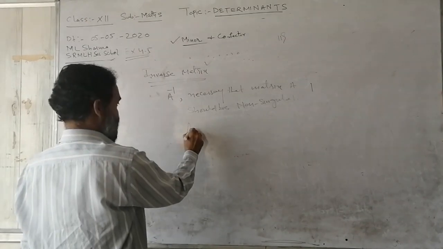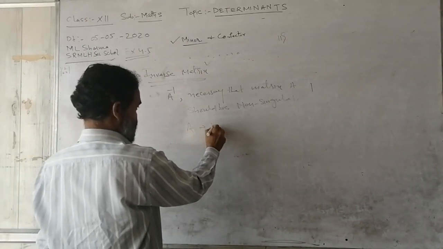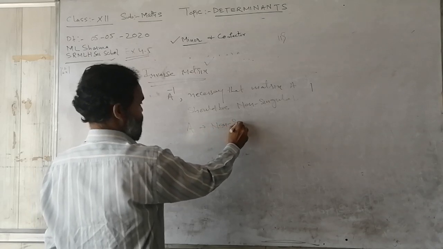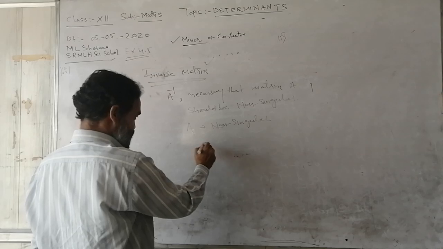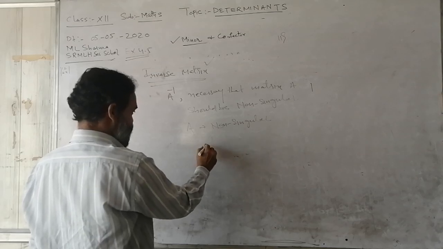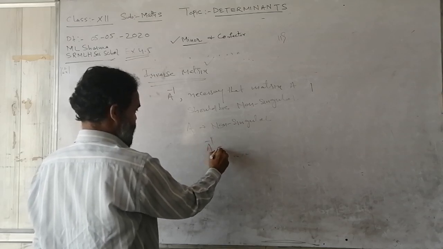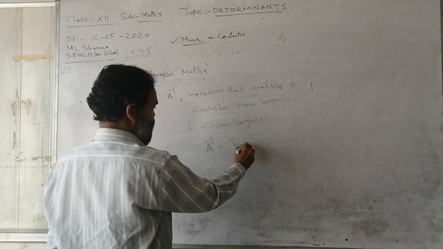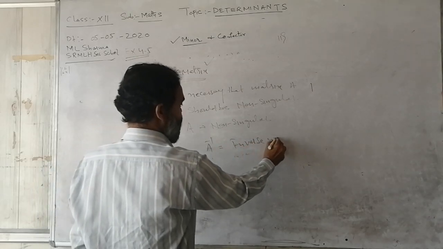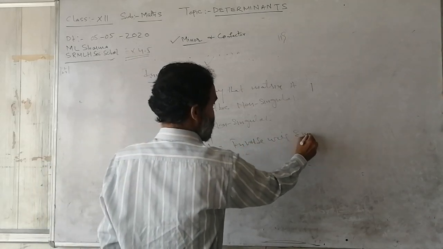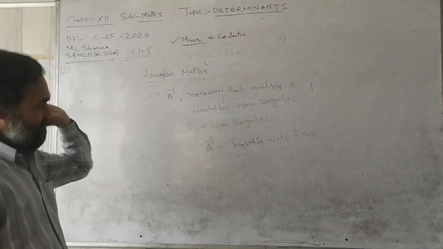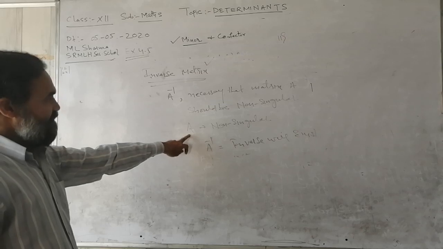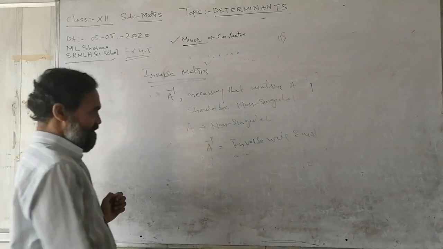If A is a matrix which is non-singular, then its inverse will exist. Its inverse will exist if and only if it is non-singular, and if it is singular, then its inverse will not exist.